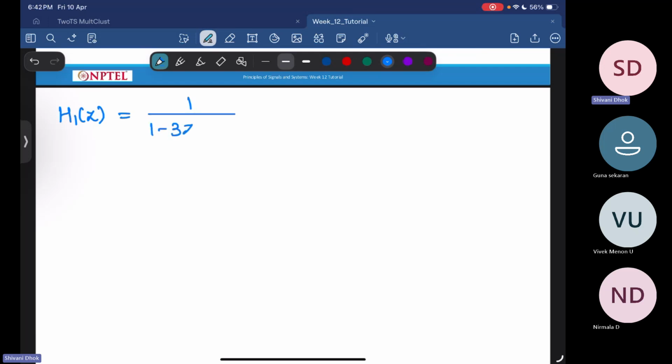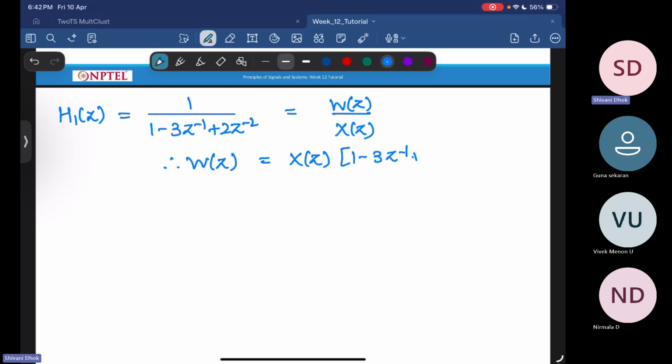1 minus 3z inverse plus 2z to the power minus 2, which is equal to W of z upon X of z. So therefore your W of z is equal to X of z into 1 minus 3z inverse plus 2z to the power minus 2.